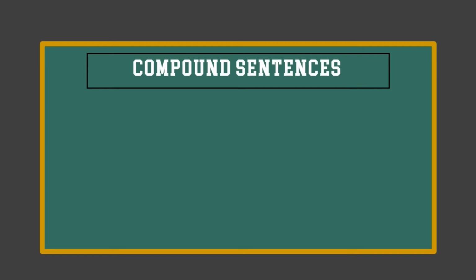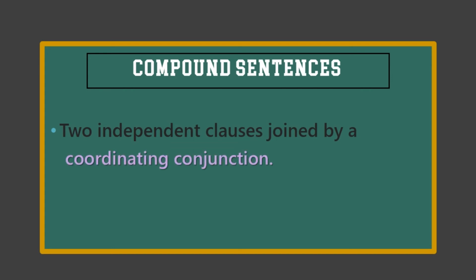Next, we'll look at compound sentences. Now, from the word compound itself, we understand that this means 2 or more things brought together. A compound sentence will have 2 independent clauses which are joined by a coordinating conjunction. Now, what are coordinating conjunctions?